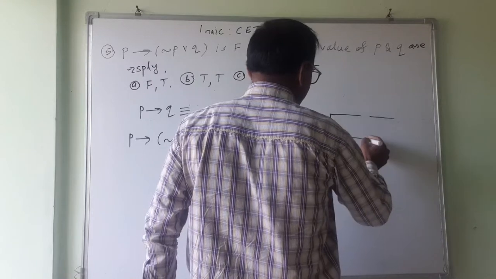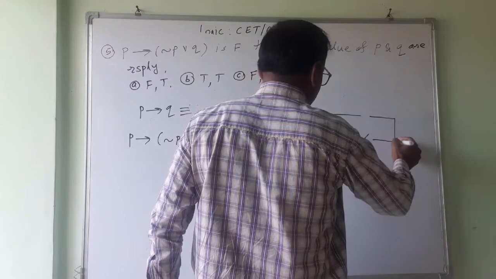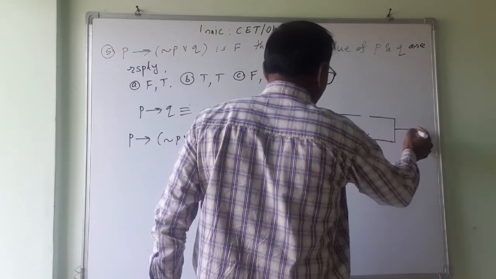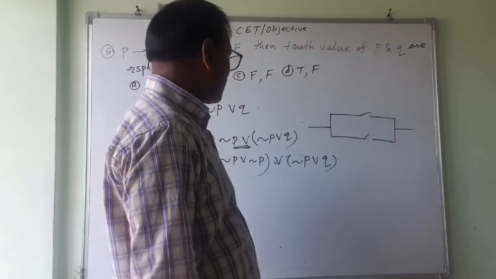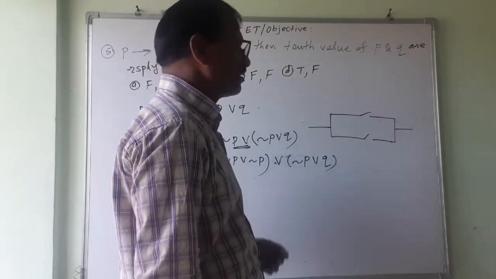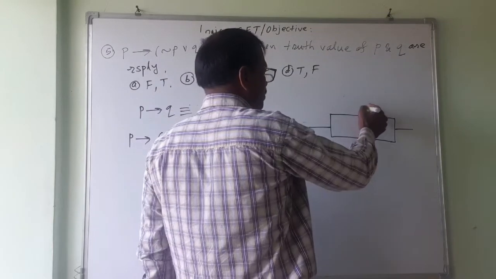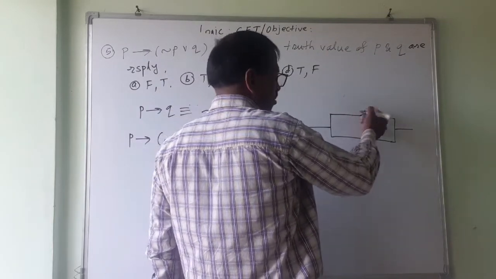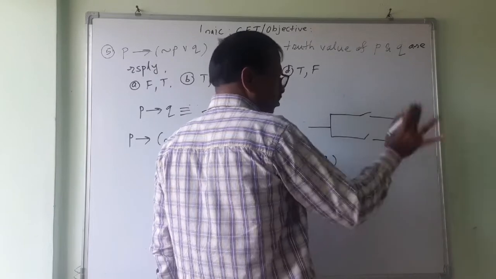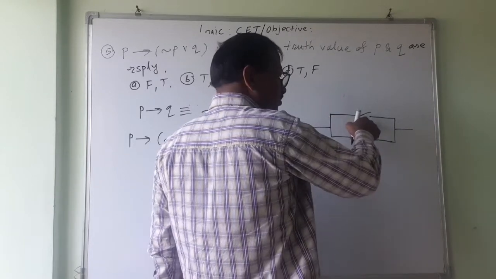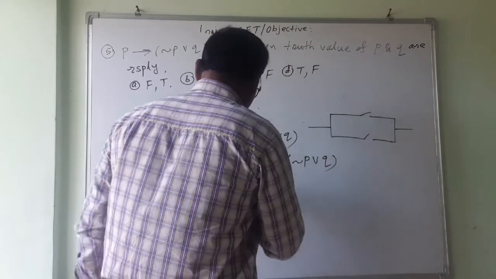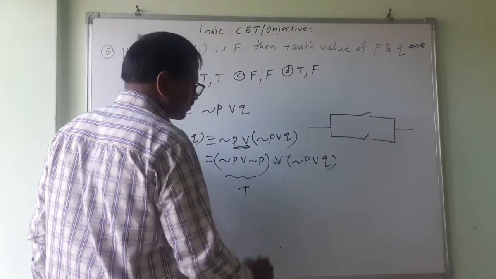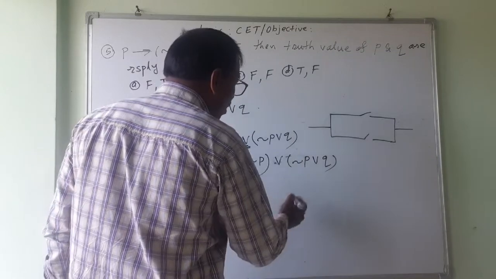These are the switches. They are in parallel. That means it is a single switch. If suppose this is negation P, this is off, no current will flow. If this is true, then current will be flowing. That means if this is true, then this should be what?